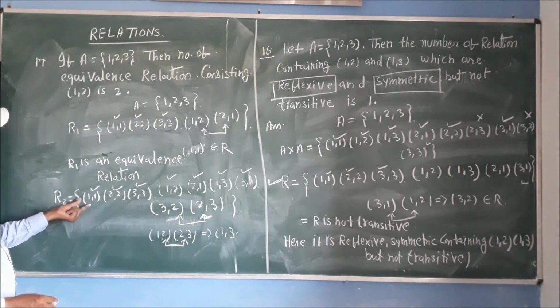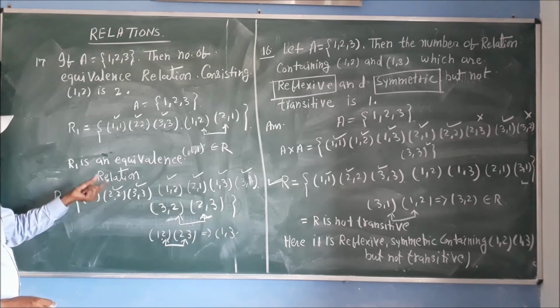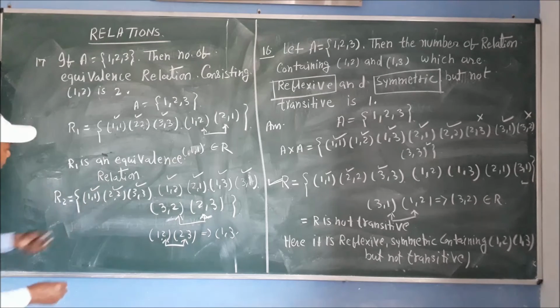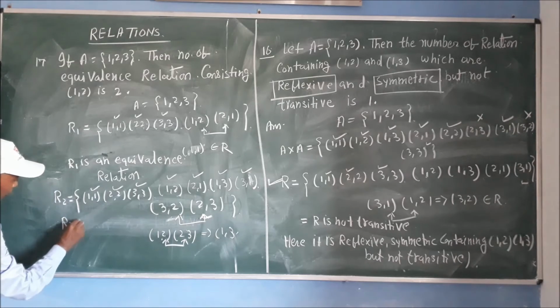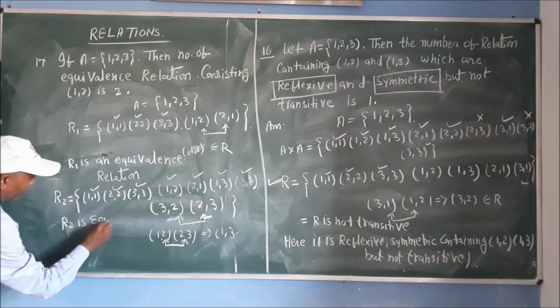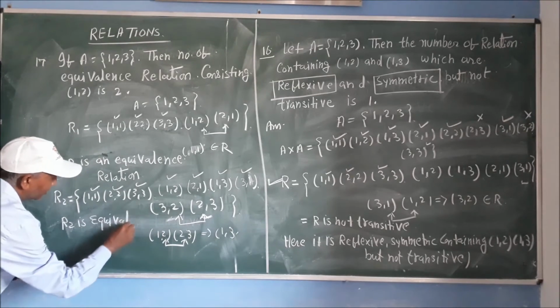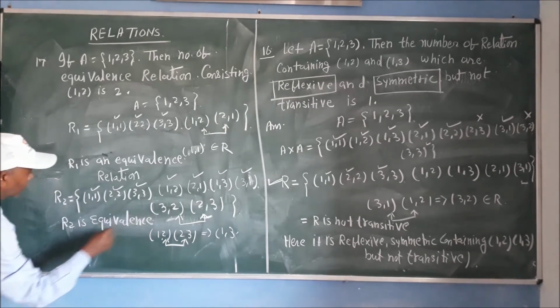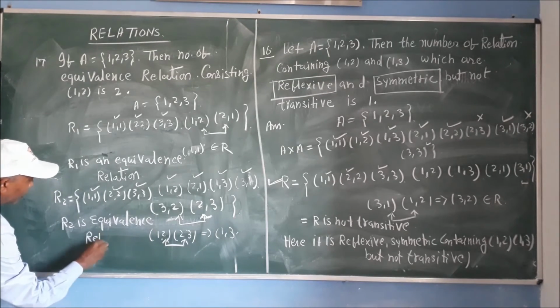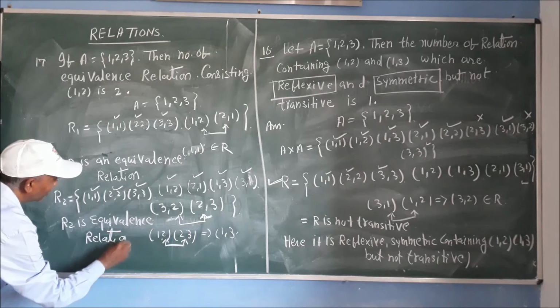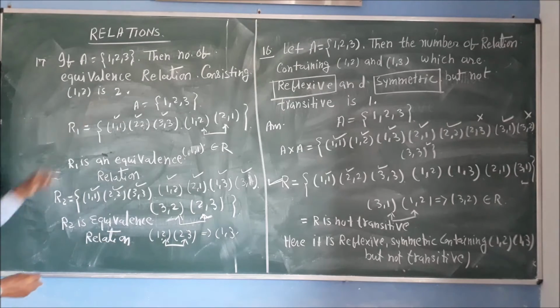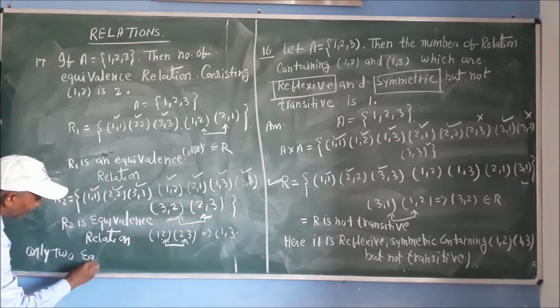This R2 is reflexive, symmetric and transitive. That means it is an equivalence relation. R2 is an equivalence relation. So how many equivalence relations can we prepare? We can prepare only two equivalence relations.